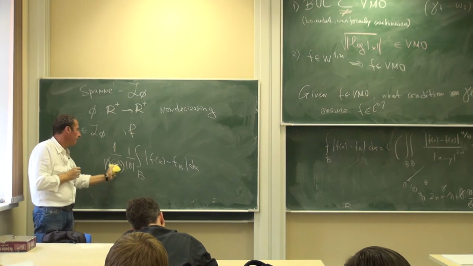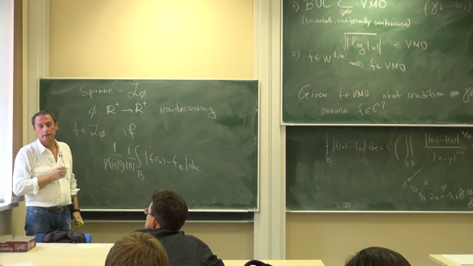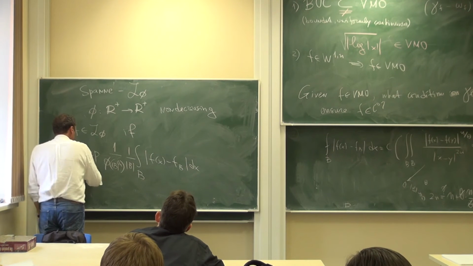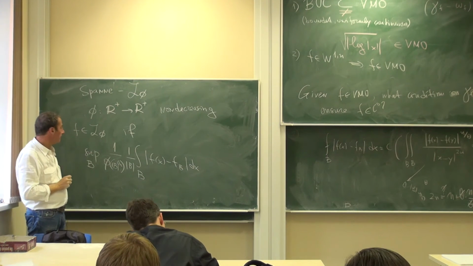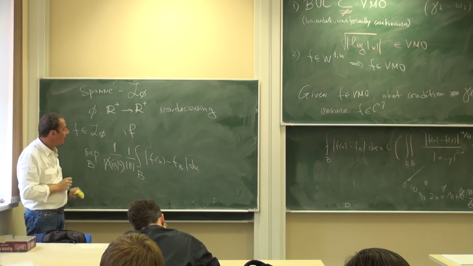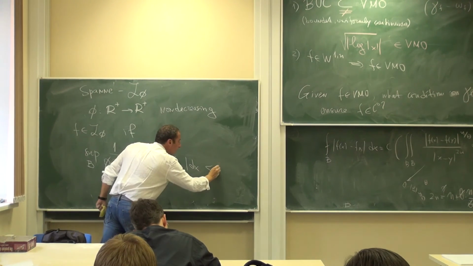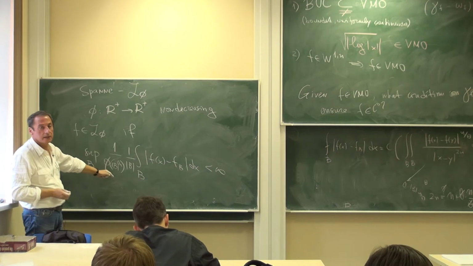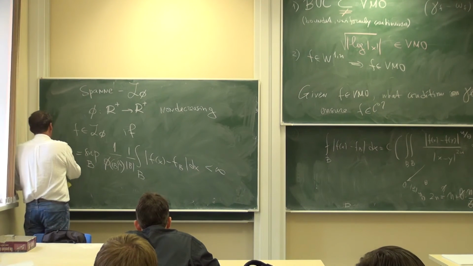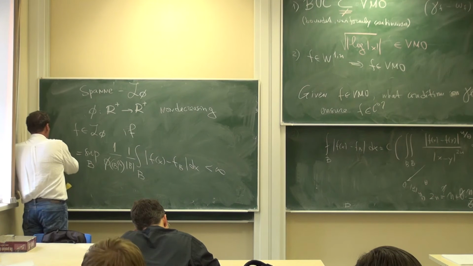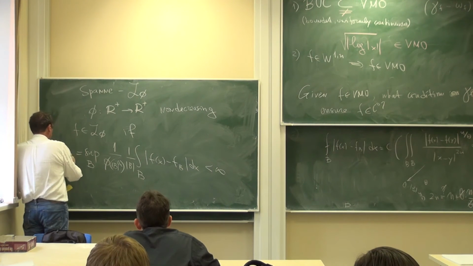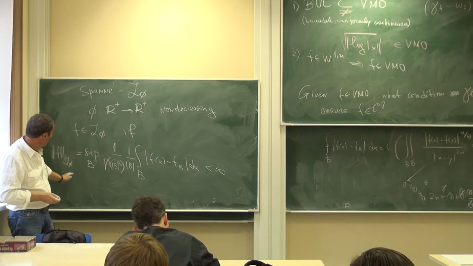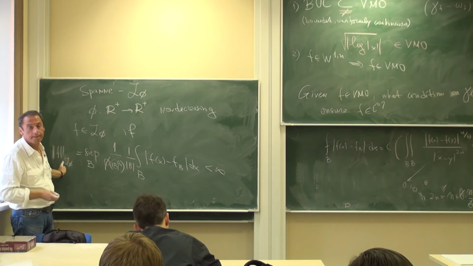So you can write it also in terms of the radius. After that, you are taking the supremum with respect to all balls, and the function f belongs to this space when this quantity is bounded. This quantity defines, modulo constant functions, a norm, and it is the norm of this space.